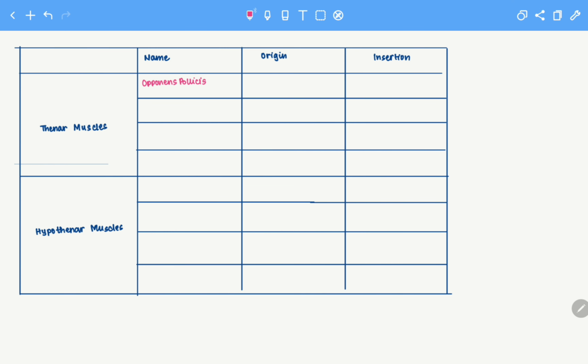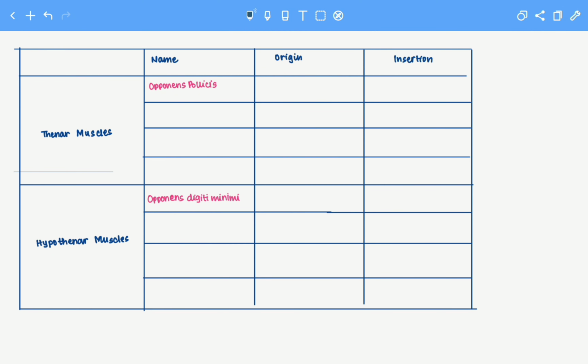Similarly, we have the hypothenar muscle, opponens, and since it's a hypothenar muscle, it will have the words digiti minimi. So opponens pollicis in the thenar muscle group and opponens digiti minimi in the hypothenar muscle group.